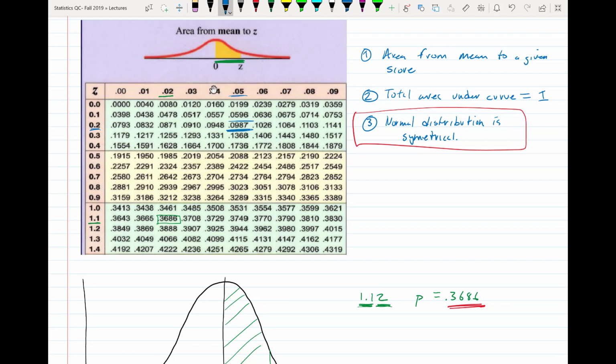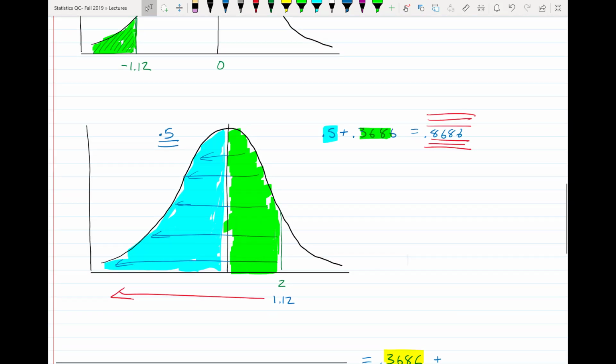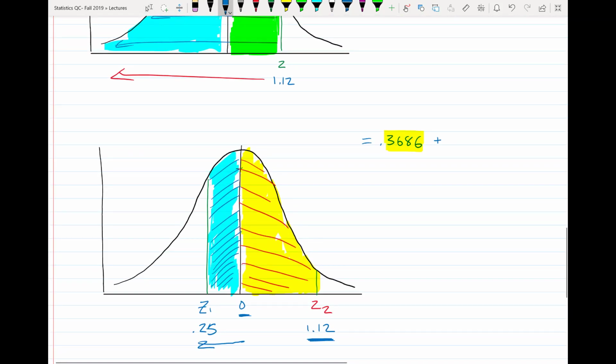I believe that's the one we're looking for. So 0.0987. And we'll color that in with blue, as we did.